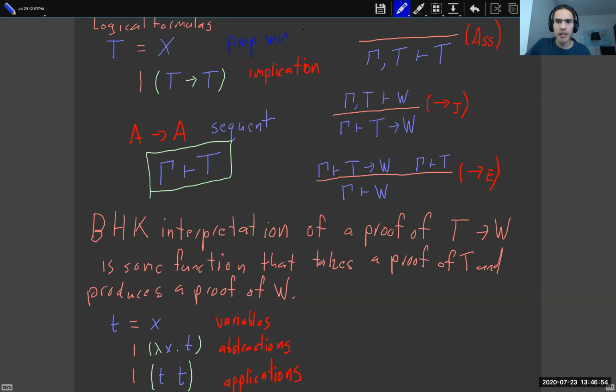We're now going to change the form of a sequence to be annotated with a proof term. So our sequents become as follows. In context gamma, we can prove T, and T, which is some logical formula, has a proof, which is some term t. So this is what our sequents become.